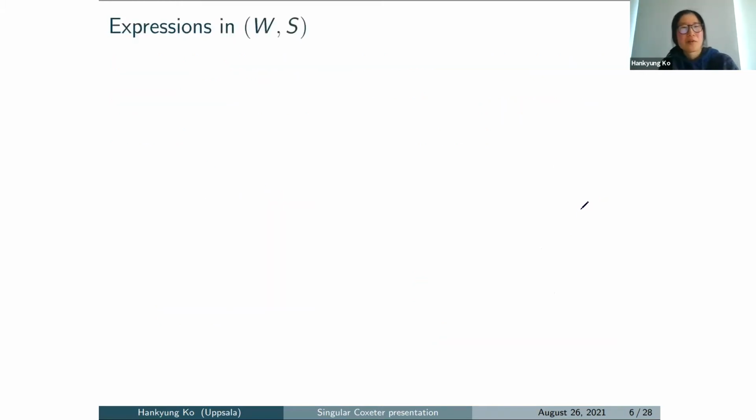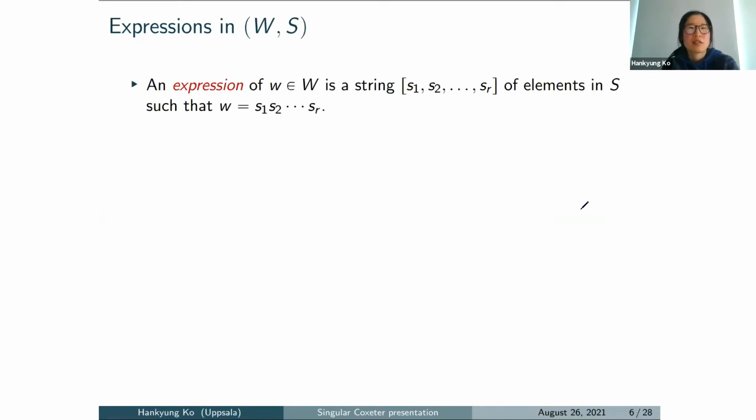Now I want to introduce some notions associated to a Coxeter presentation, (W, S). First, W is a group generated by S, so every element in W is a product of some elements in S. The way we write it is called an expression.